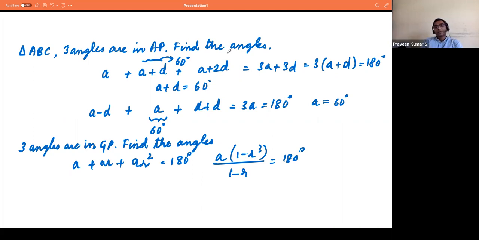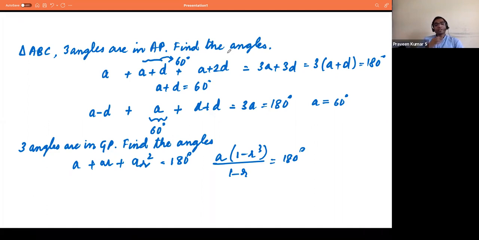So sometimes they also give you the volume of a cuboid as so and so number, and then they'll tell you that the length, breadth, and height are in an arithmetic progression. Calculate the values. Or there is a very interesting question which was asked in one of the NTSE exams earlier: in a right angle triangle, the sides are in an arithmetic progression.